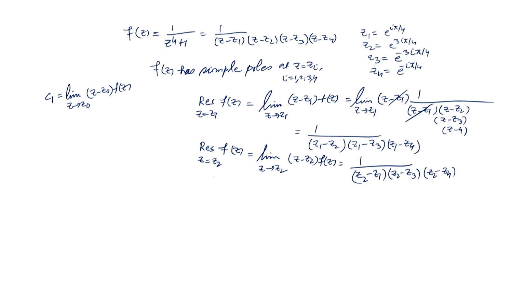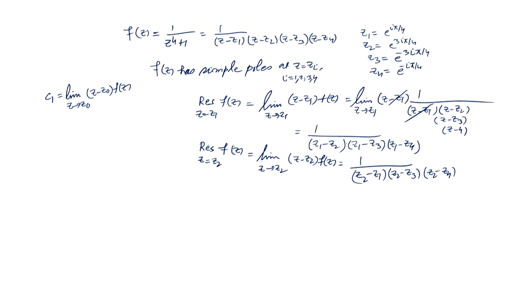Let us first see how difficult it is to determine the residue at z = z1 and z = z2 here. You have to put the values of z1, z2, z3, z4 here, and then you have to multiply them. So, it is not easy to determine the values of the residue of f(z) at z = z1 and z = z2.